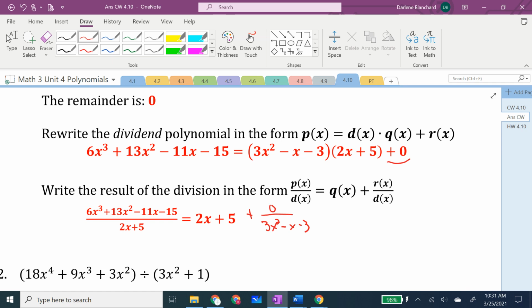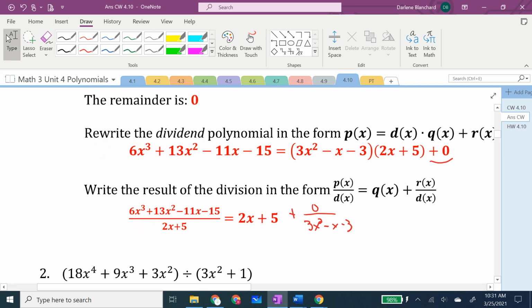Yeah, I understand. Okay. You were supposed to divide by 3x squared minus x. Oh my gosh, I see exactly what you're saying now. I see where I'm wrong. I wrote this weird, and I need to fix that. So that will be one of my fixes today. Thank you for pointing that out. That took me a while to even see. Okay. Yeah, it's supposed to be that divided by that. That didn't make sense, did it?